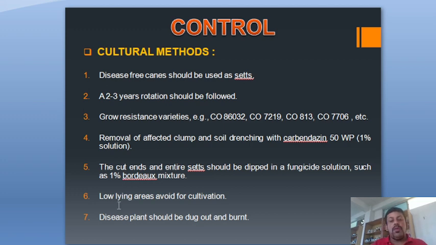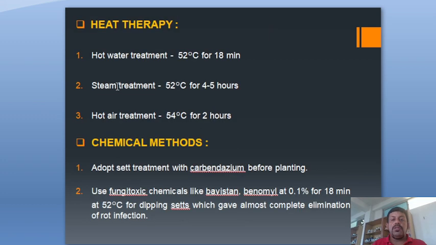We should avoid low lying areas for cultivation. Diseased plants should be dug out and burned. Okay, so these are some control measures. We can do heat therapy: hot water treatment at 52 degrees centigrade for 18 minutes, steam treatment for 4 to 5 hours, hot air treatment for 2 hours. That is very important.